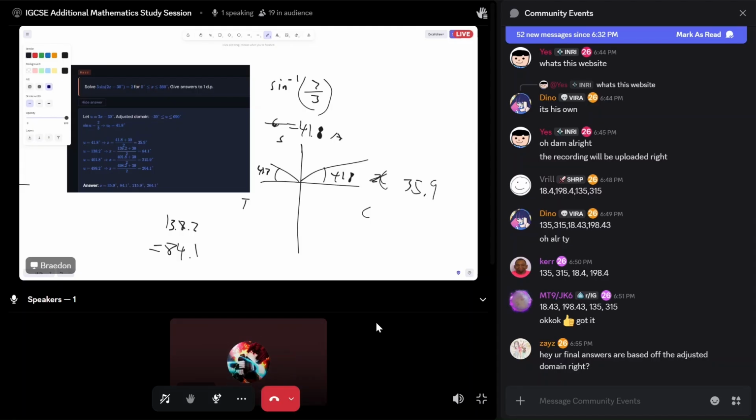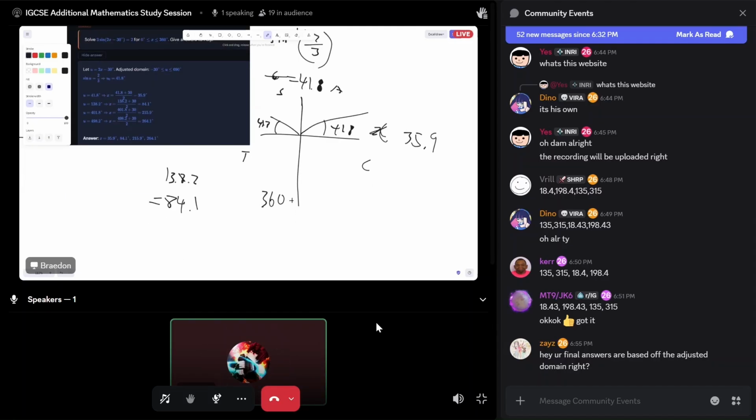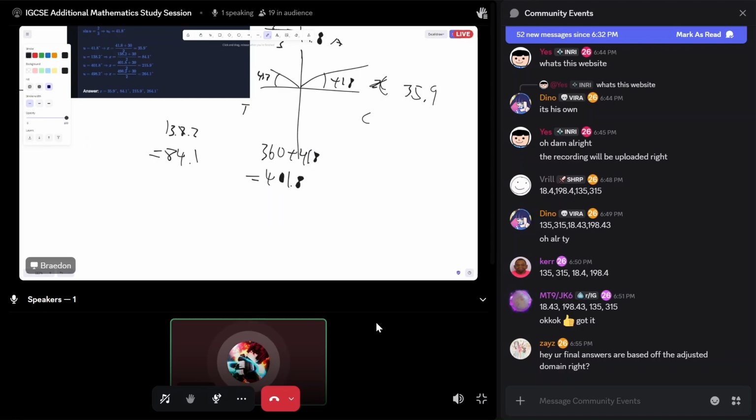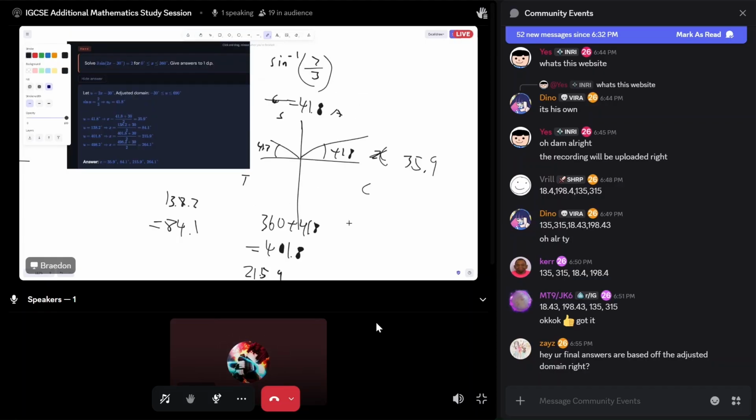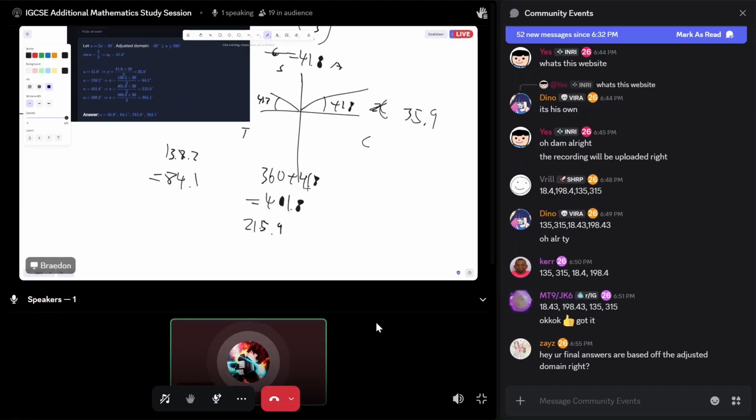So this is one rotation and then the extra one. The third angle will be 360 plus 41.8, which is 401.8. Then once you put it into the domain again, you get 215.9. The last one is just another one here.